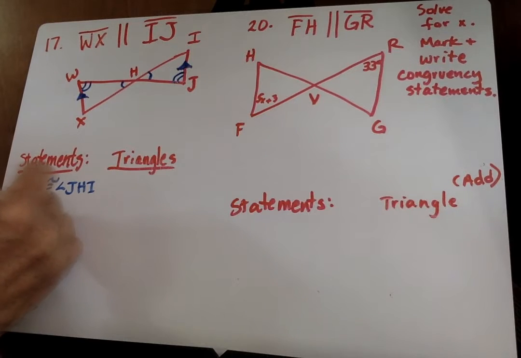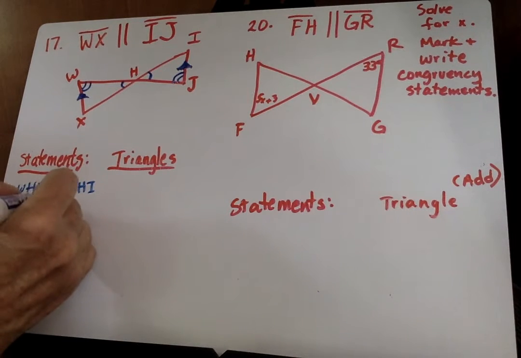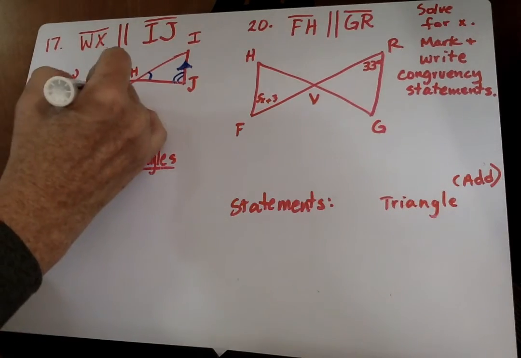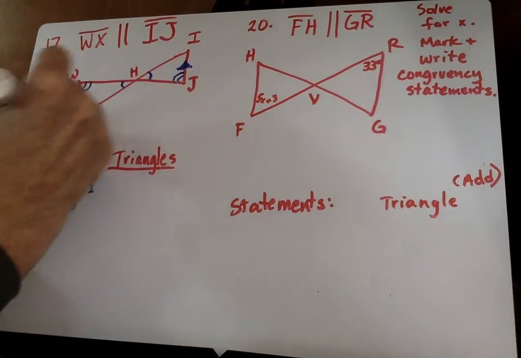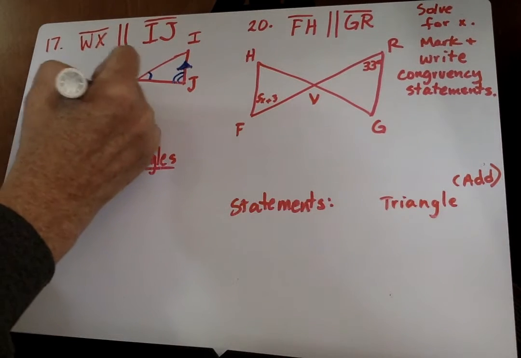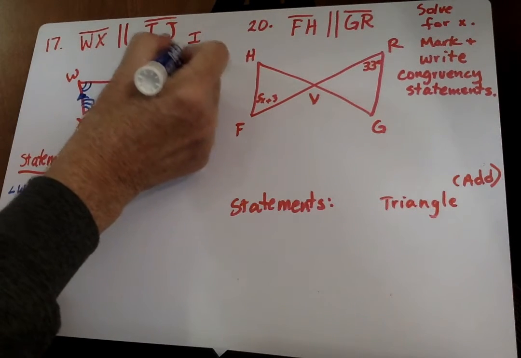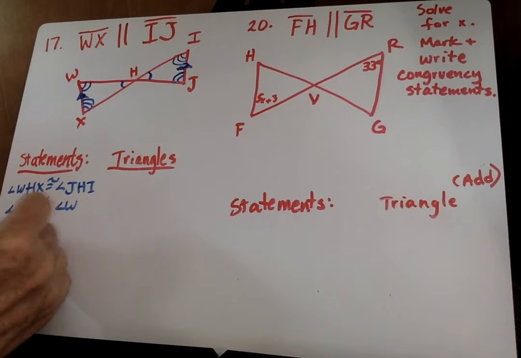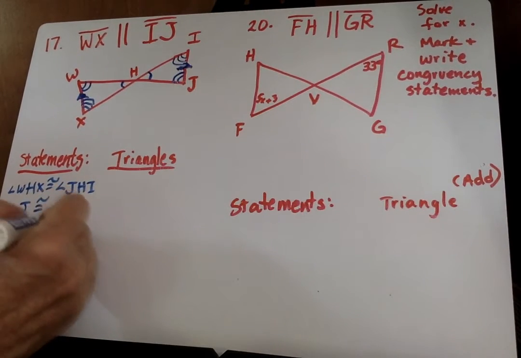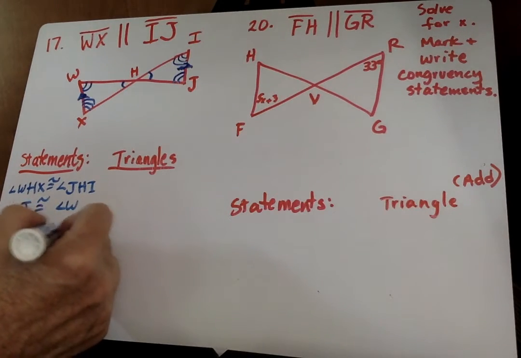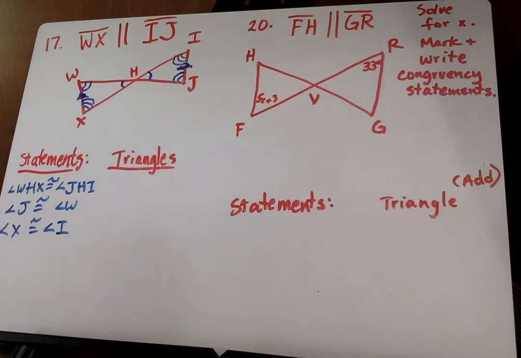So I'm going to say angle J is congruent to angle W. Then, because these are parallel lines, and this is a transversal through that, I'm going to put 3 angle arches there. And I'm going to say angle X is congruent to angle I. Okay.